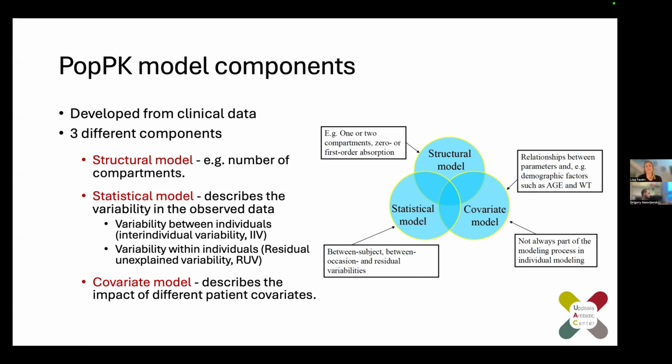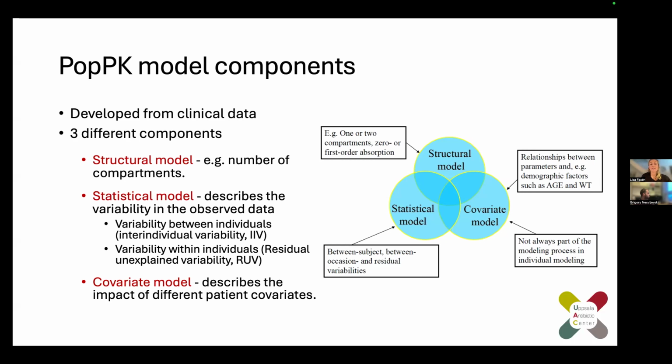And then we have variability within individuals, and that's called residual unexplained variability. That's on the observational level. So that describes the difference between the observed value and the model predicted value. And that mismatch might be explained by model misspecifications or measurement errors.